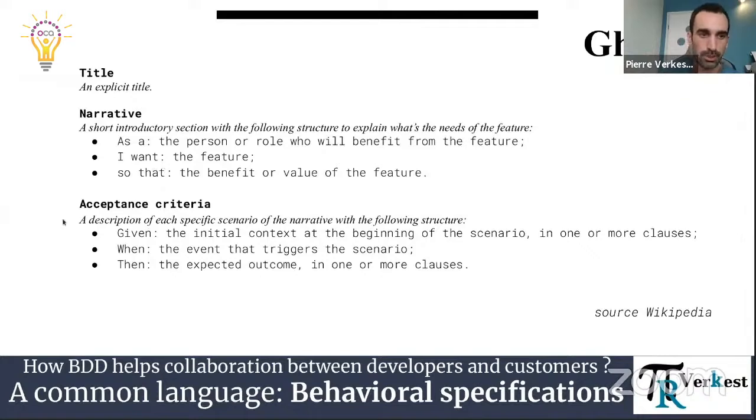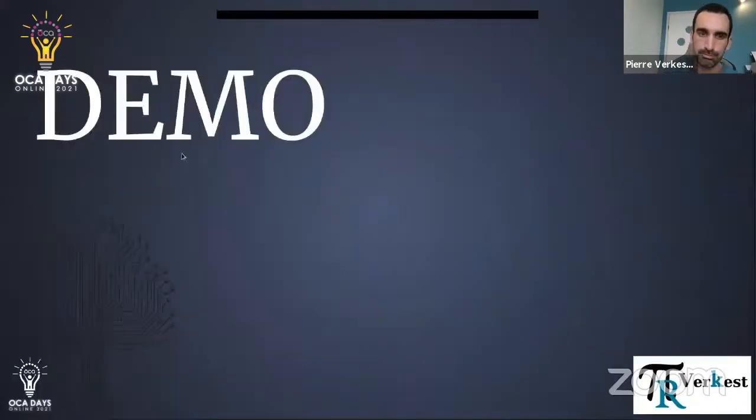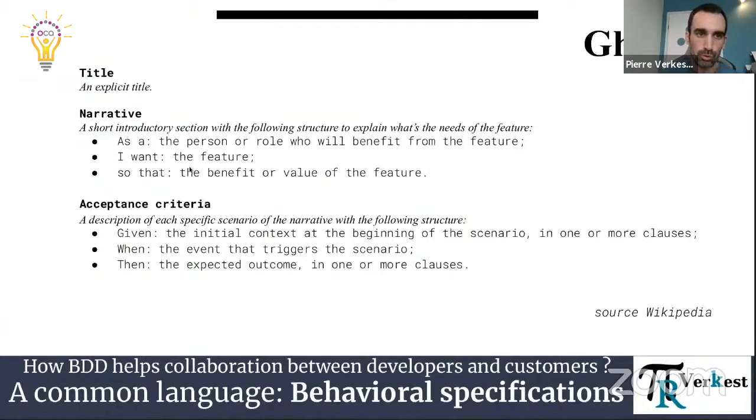You have to respect some structure with keywords, which forces the product owner to detail the needs, which is very important for the developer to understand why he's developing something, because it leaves him more possibilities to implement.